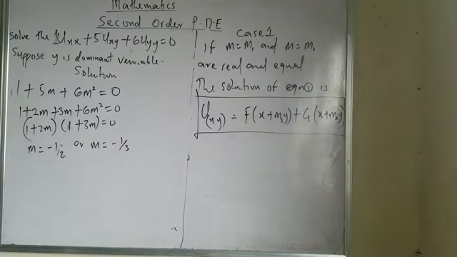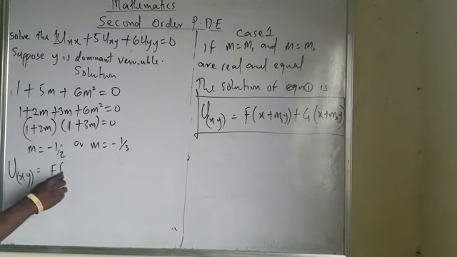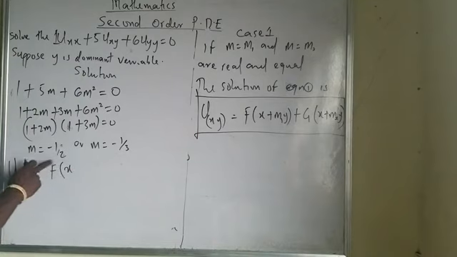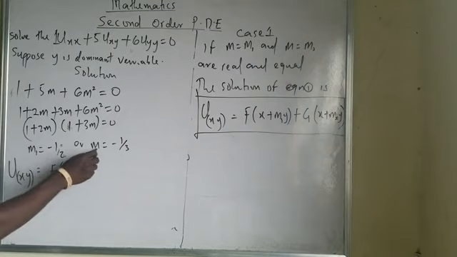Now, since I have it, my u of x, y equals f of x. What is my m1 and my m2?